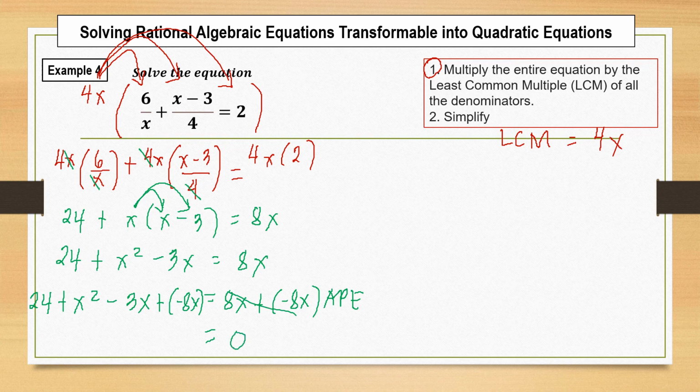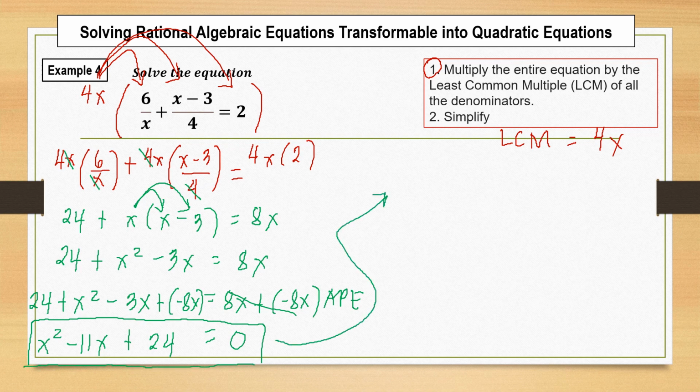For the left side of the equation, we have x squared. Negative 3x plus negative 8x is negative 11x plus 24. So the rational algebraic equation now has been transformed into a quadratic equation written in standard form.